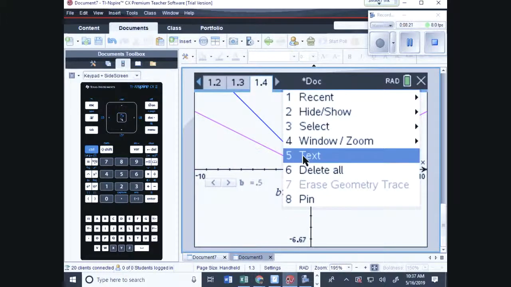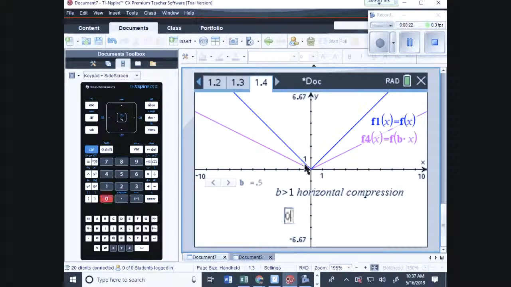So when b is between 0 and 1, you're going to have a horizontal stretch, like someone's pulling it from the sides, which looks just like a vertical compression. I know it's confusing. Okay.